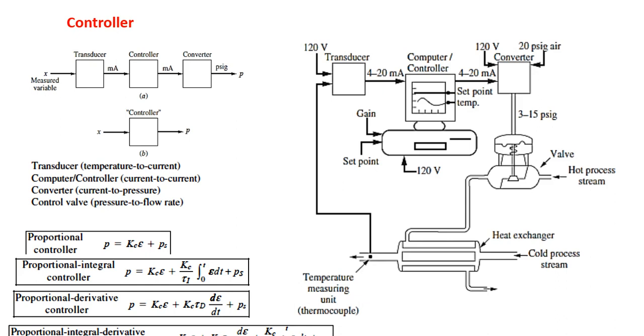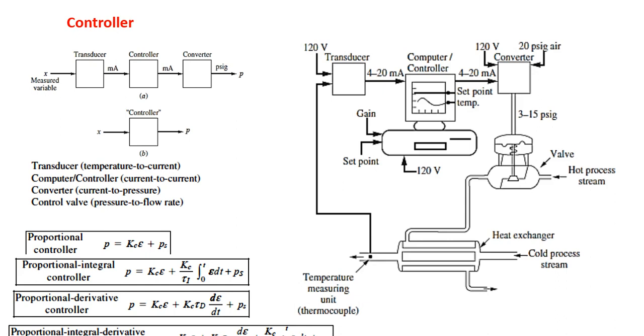So a proportional controller acts proportionately to the error value, the error difference, the error signal. That error signal of the controller in terms of current is fed into the converter, which converts the current into pressure. This pressure signal is normally 3 to 15 psi of air, which is then fed into the final controlling element over here.